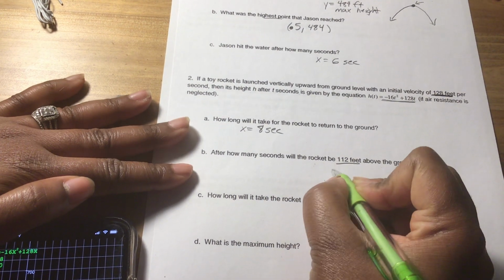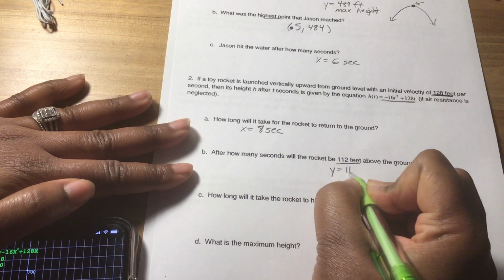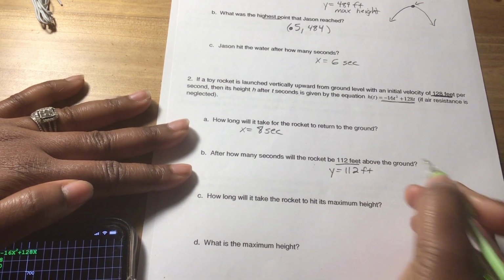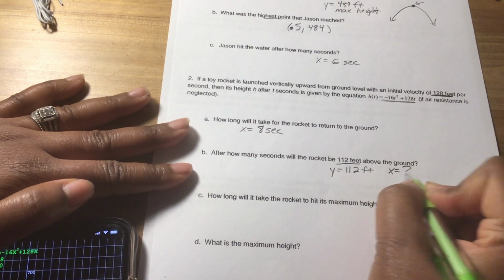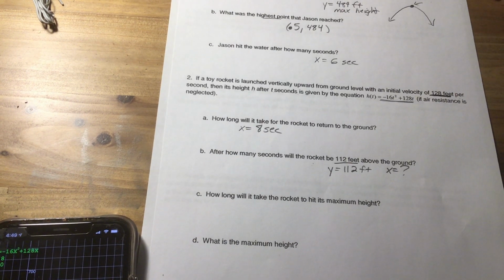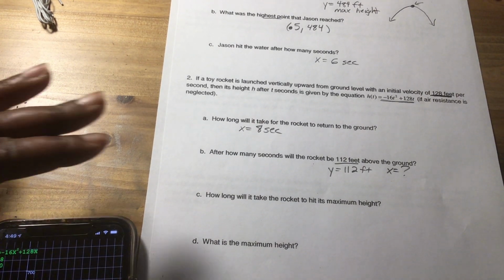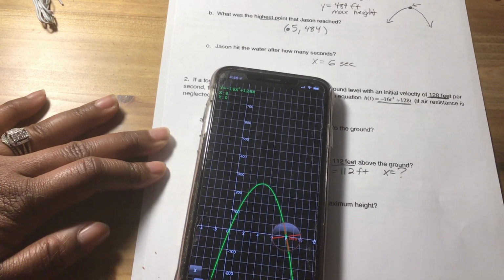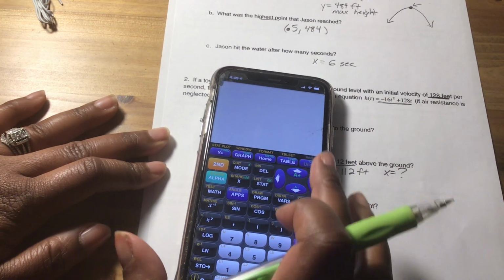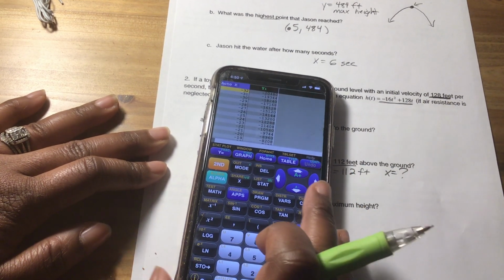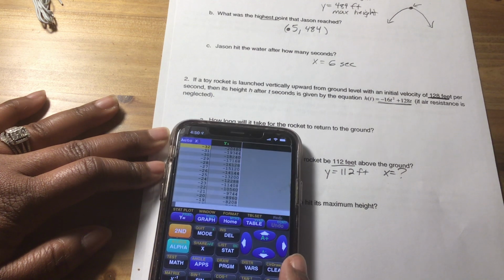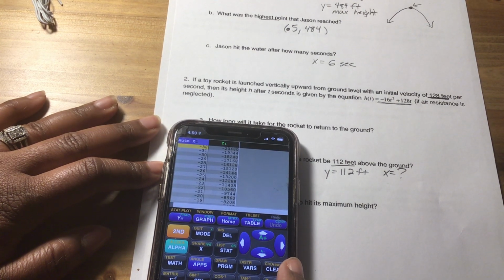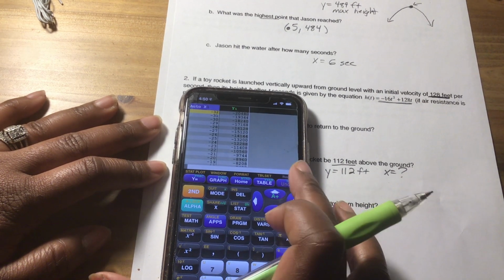It says, after how many seconds will the rocket be at 112 feet? So this is when Y is 112 feet. What is my seconds? What we could do is look at your table values to figure that out. So when you go to your table, we're going to look for when Y is 112.